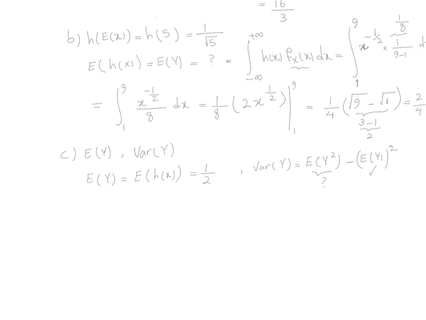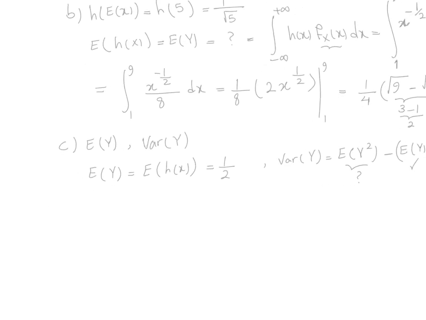For this one, we need again to follow the formula. It starts from minus infinity to infinity, or for this problem 1 to 9, and we have y squared times f of x dx, because it is a function of x.